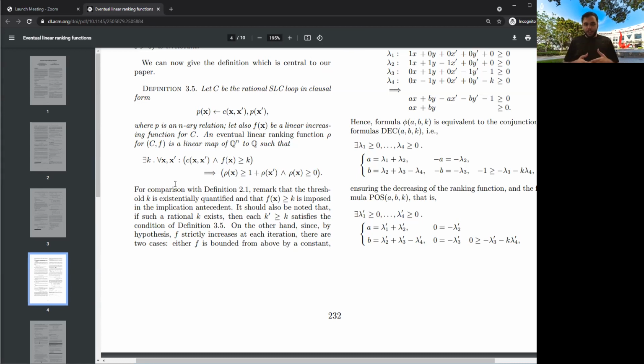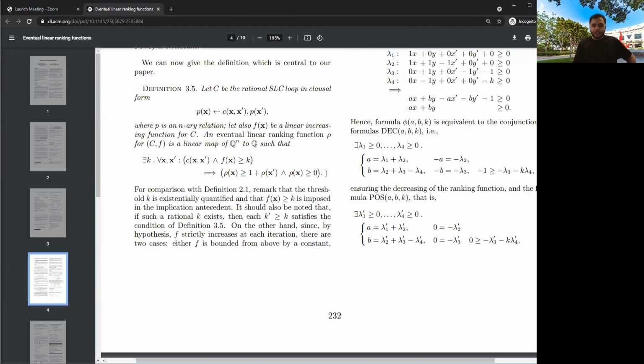So if it keeps increasing forever, at some point its value would get greater than or equal to k, because we are working in, let's say, natural numbers. And when its value becomes greater than or equal to k, then you suddenly have a ranking function rho. So as long as you're sure that at some point the value of f gets to k, you are sure that you will get your ranking function and your loop terminates.